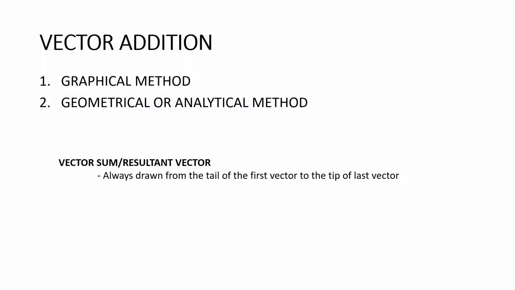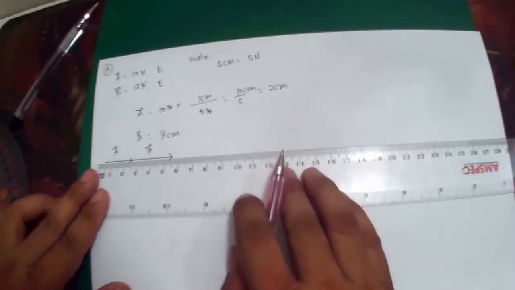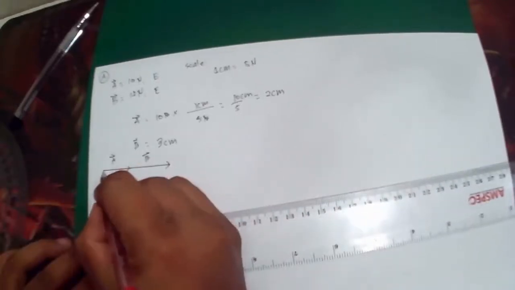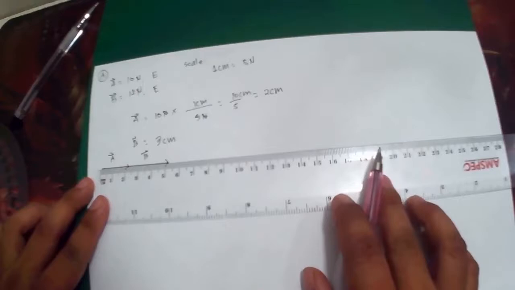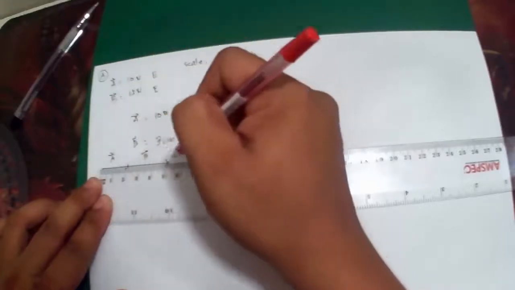According to vector sum, the resultant vector is always drawn from the tail of the first vector to the tip of the last vector. That means, tail of the first vector to the head of the last vector. So I will just draw there.